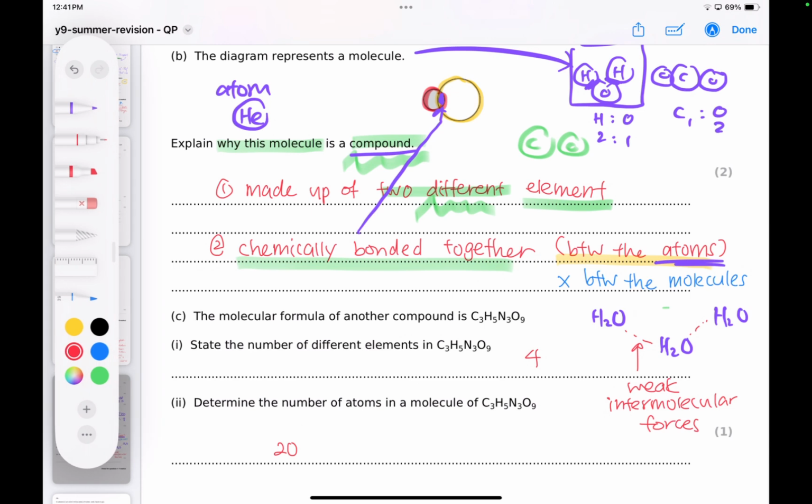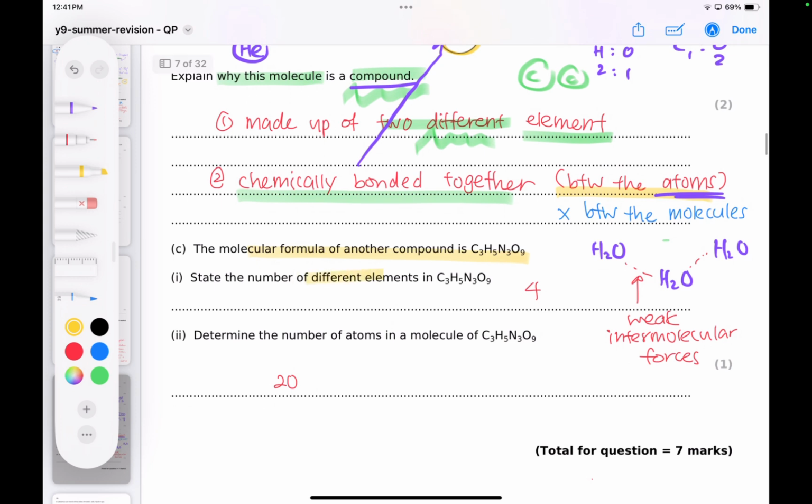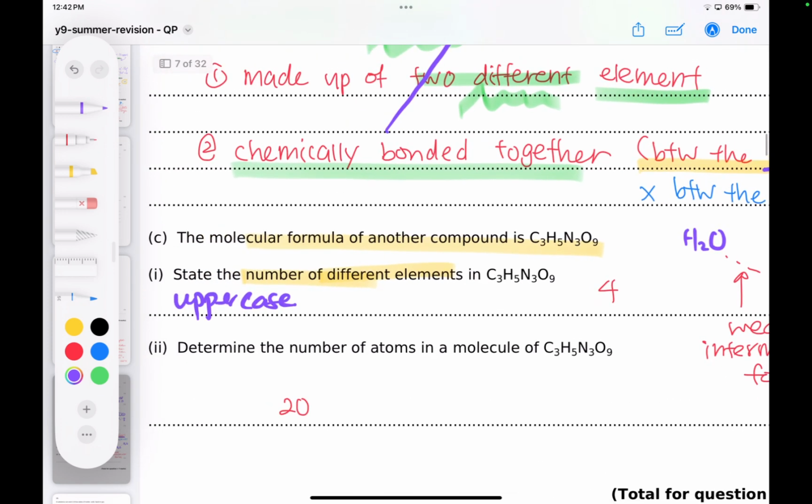Okay, all right. So part C needs us to look at this really lengthy compound formula, and they are looking for the number of different elements. To look for this answer, you are essentially looking for the uppercase letters. Why? Because if you refer to a periodic table, if you have one nearby, please refer to it, you will see that every element is represented by an uppercase letter.